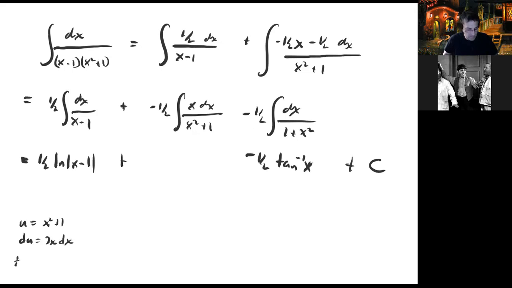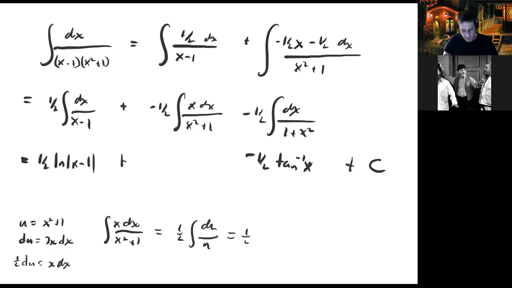So therefore 1/2 du is x dx, and the integral of x dx over x squared plus 1 is given by 1/2 the integral of du over u, which is 1/2 ln absolute value of u plus c, which is 1/2 ln x squared plus 1. You don't need an absolute value for that, plus c.